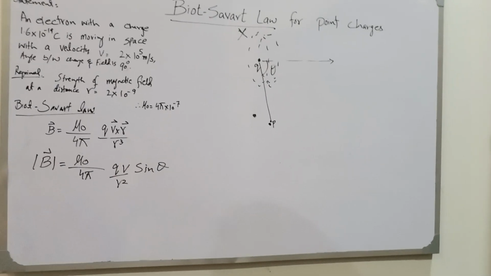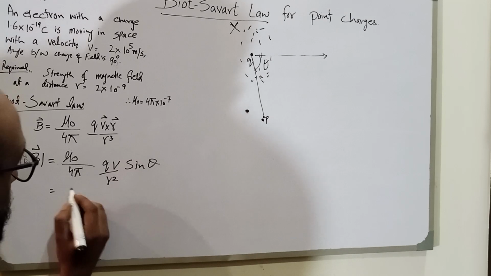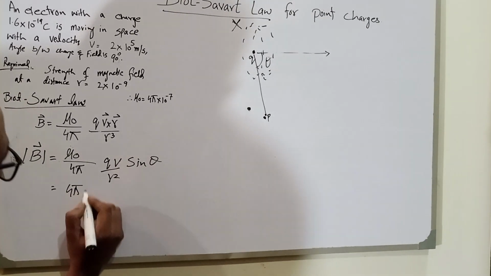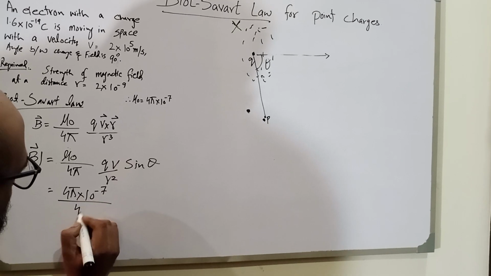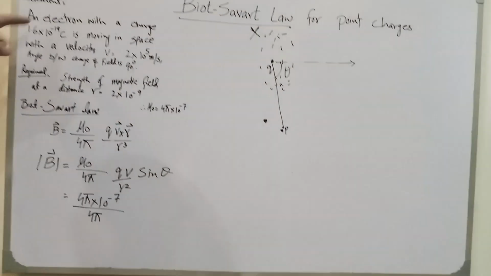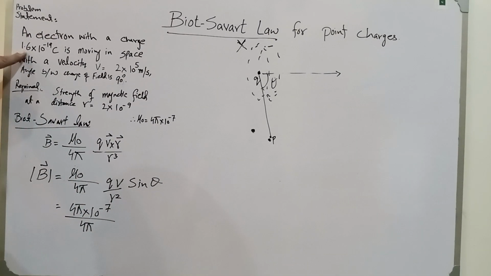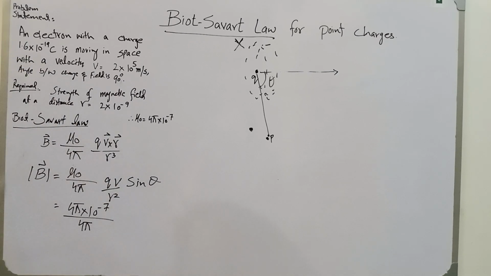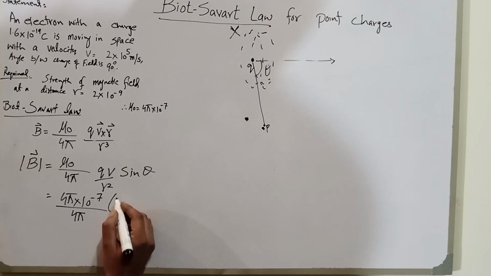Now substituting the values here, mu naught is 4 pi multiplied by 10 to the power minus 7, so just substitute it, divided by 4 pi into q. Now in our scenario, the moving electron's charge is 1.6 multiplied by 10 to the power minus 19 coulombs. So I'm just substituting the value.